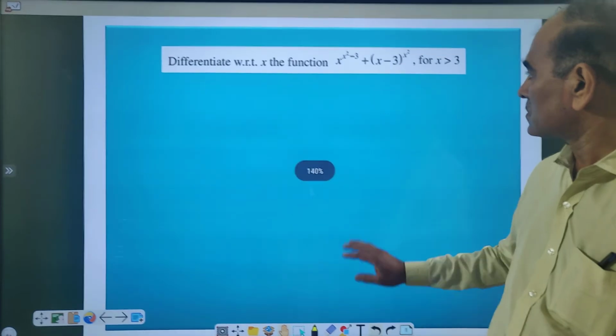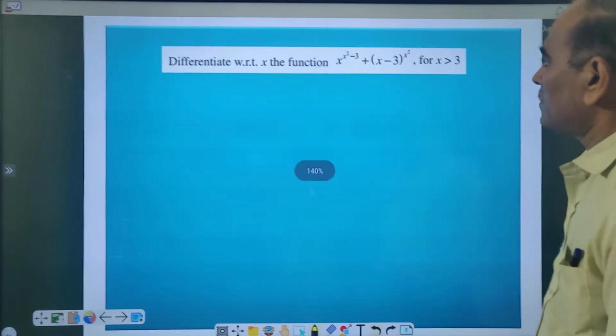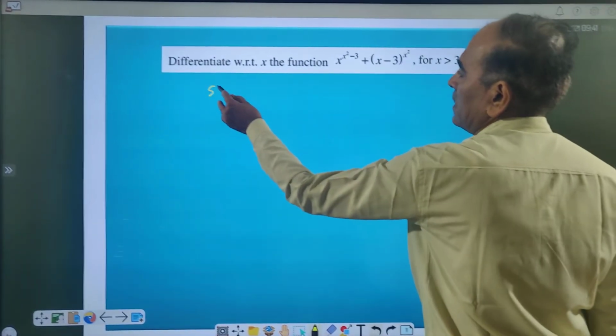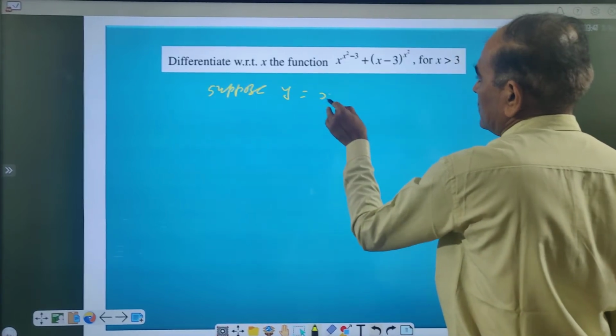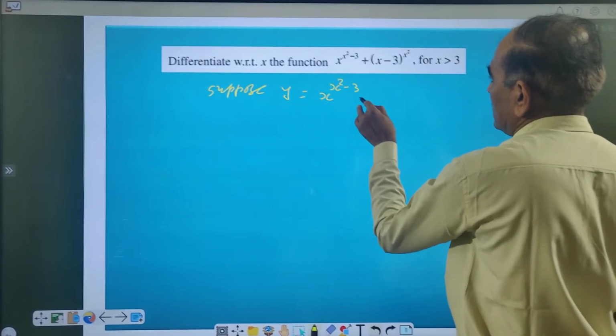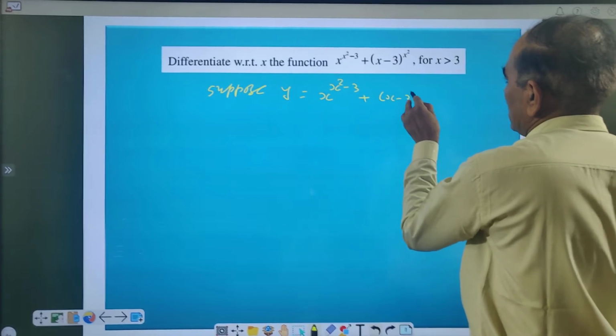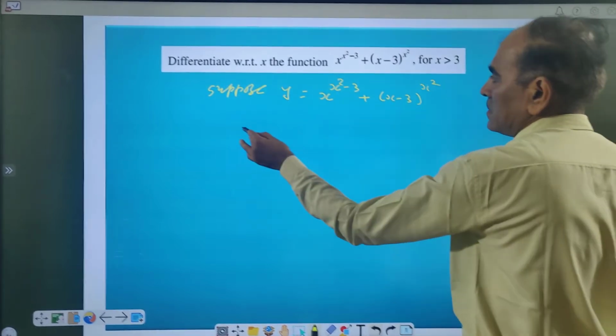Differentiate this function. What do we have to suppose? First of all, suppose y is equal to x raised to x square minus 3, plus x minus 3 raised to x square.